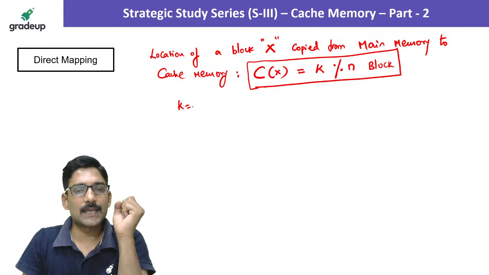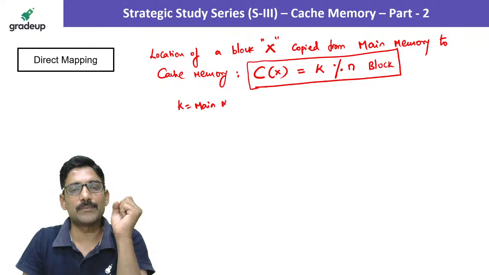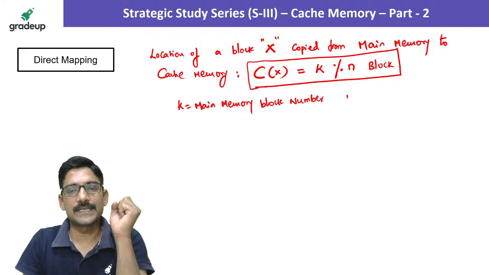What is K? K is the main memory block number. And what is n? The number of cache blocks.